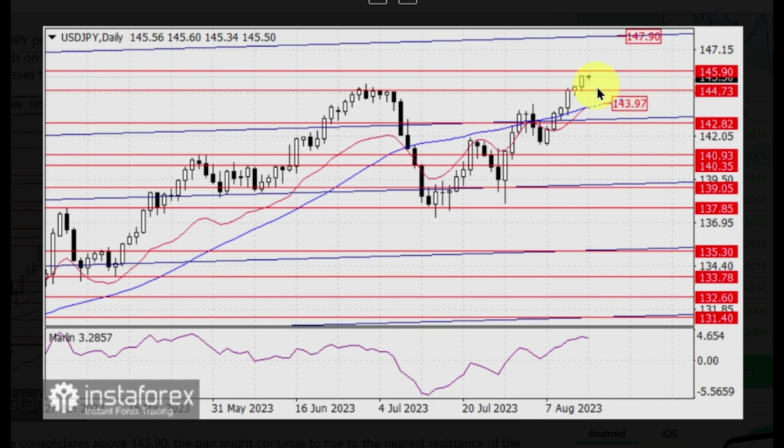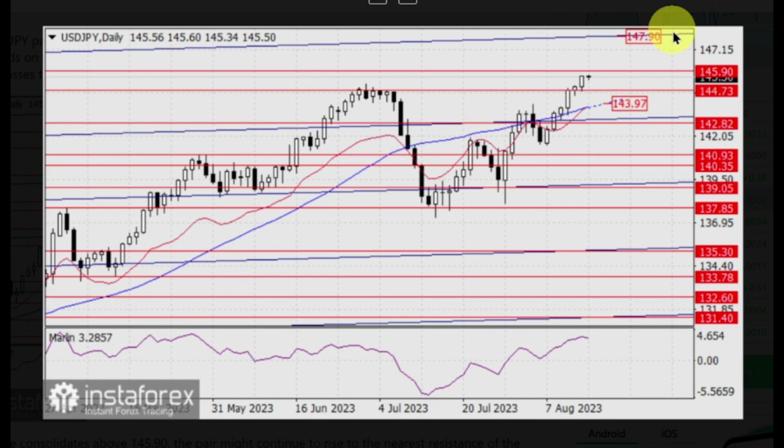If the pair surpasses this mark, the next corrective target will be the MACD line, blue line on graphic, at 143.97. If the price consolidates above 145.90, the pair might continue to rise to the nearest resistance of the global hyper channel around 147.90.